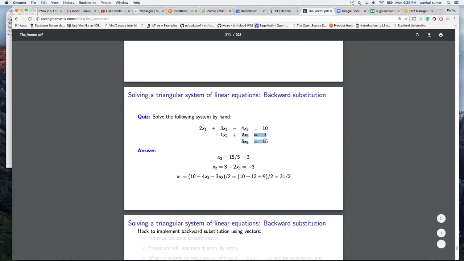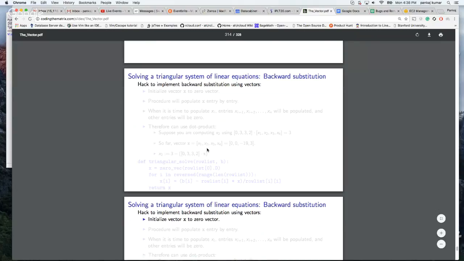The only way it can have a solution is if these two are the same. So if this was 5x3 and this was 15 and this was 0, then these two mean the same thing, so any x3 will satisfy that, and you will have an infinite number of solutions. Otherwise, it will have 0 solutions. That's what will happen in case one of these diagonal entries is 0, which is not good.